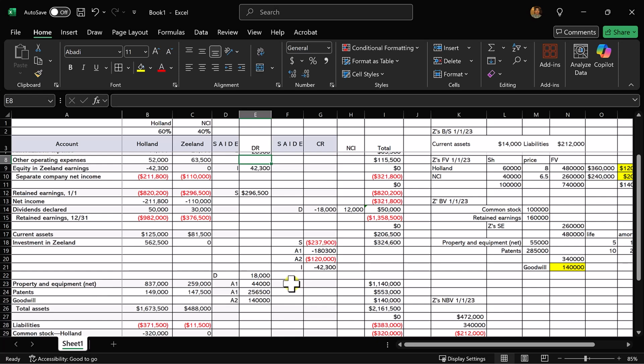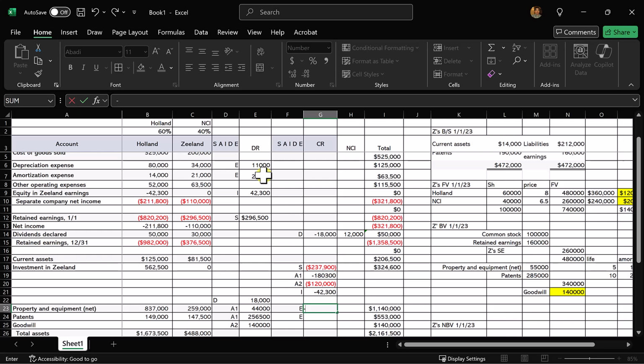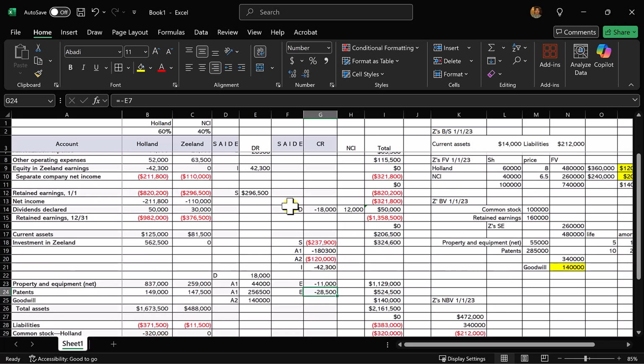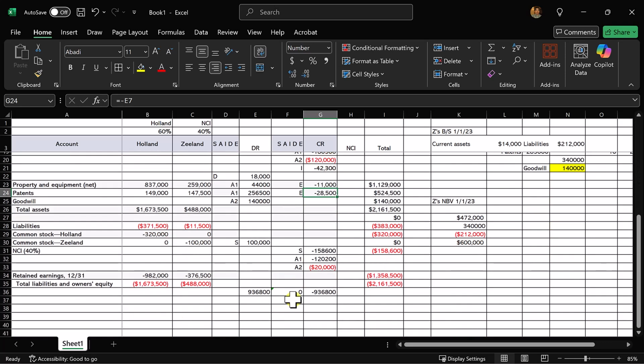So the E here and here, and of course that's a credit, a negative, and I'll just duplicate these debits here. Here I can just copy it down to the next row. Double checking my balance is netting out to 0.